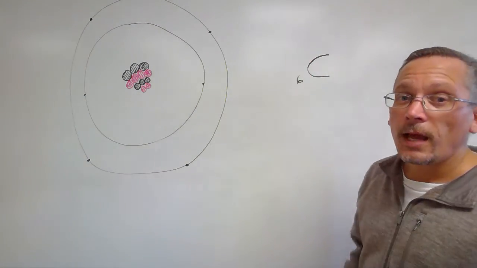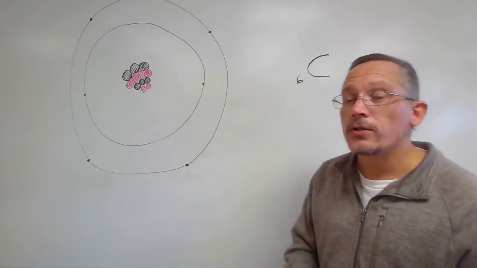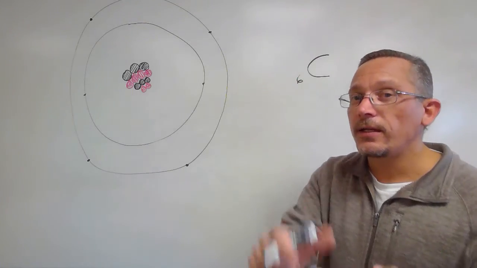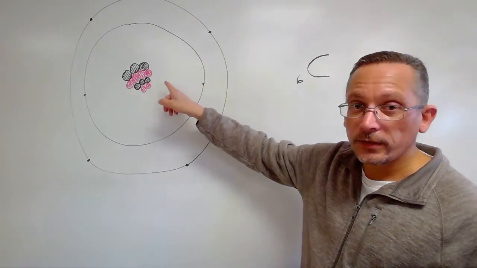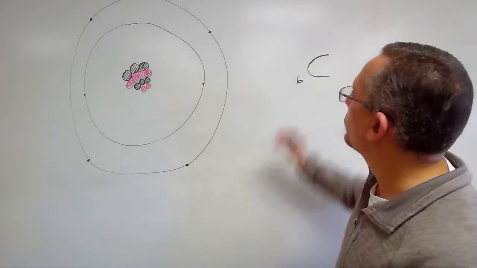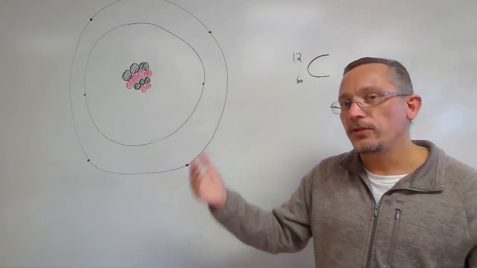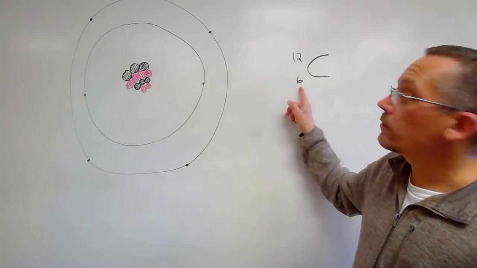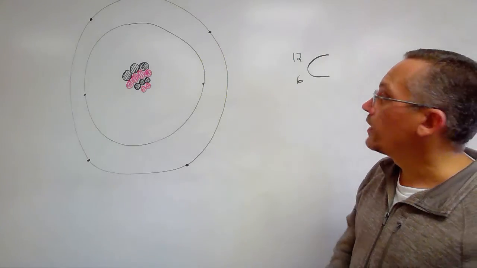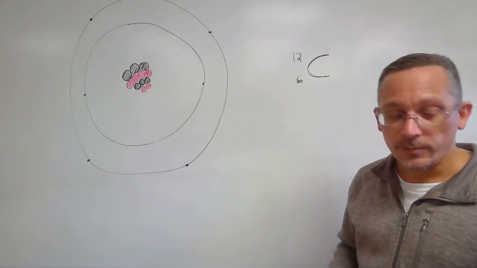On the top, I'm going to put the total number of particles in the nucleus. So that's how many protons and neutrons together. This particular isotope of carbon has 12 protons and neutrons together. This is called the mass number. This one's called the atomic number. And we've learned these before. So this is what we call an isotope symbol.